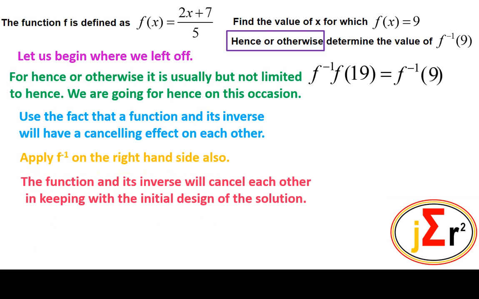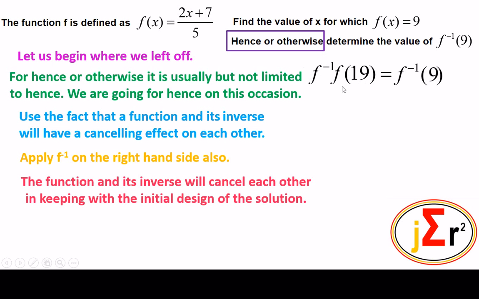The function and its inverse will have a cancelling effect on each other in keeping with the initial design of the problem. Right here, f inverse of f of 19, f inverse and f will have a cancelling effect on each other.